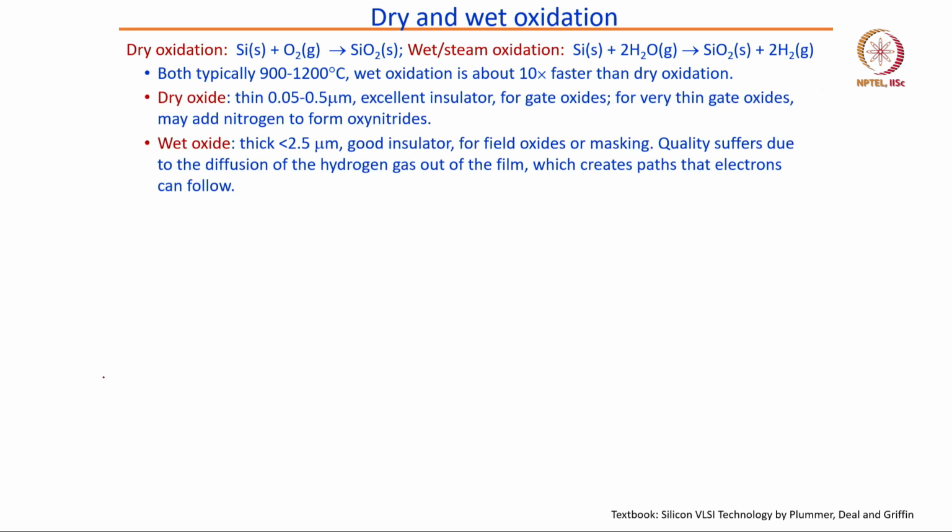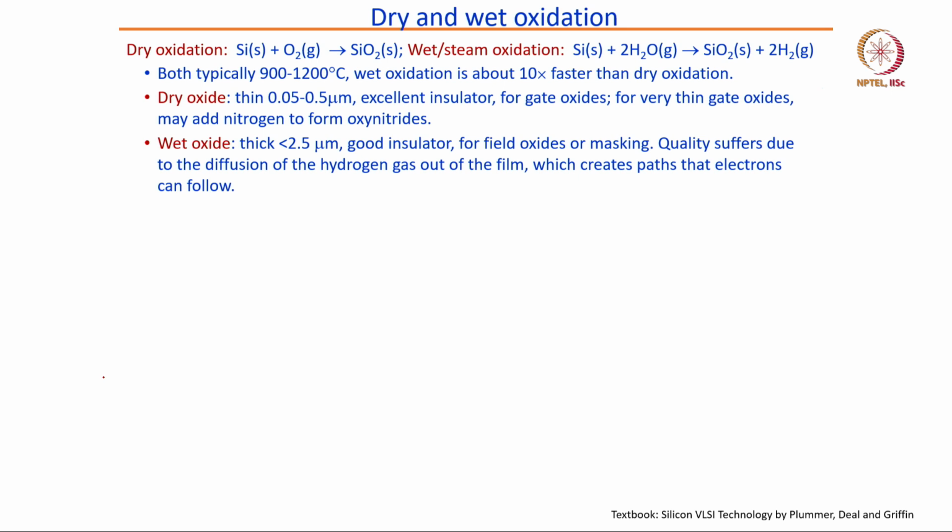The first one is, in dry oxidation you can have a thin film, but excellent insulator. Thin film is about 0.05 to 0.5 microns. Excellent insulator, it is used for gate oxides, for very thin gate oxides, and you can add nitrogen to form oxynitrides. In case of wet oxide, we can use less than 2.5 micron. In practice you will always go for around 2 microns.